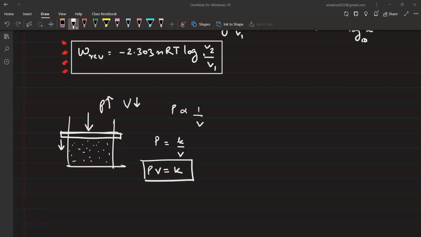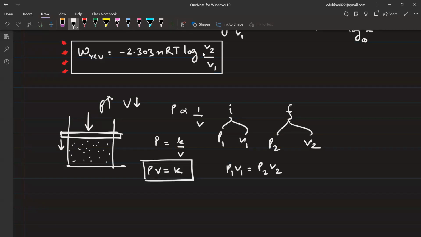Let us suppose initially we had P1 and V1, and finally we had P2 and V2. Then P1 V1 will be equal to P2 V2, because P into V is a constant.